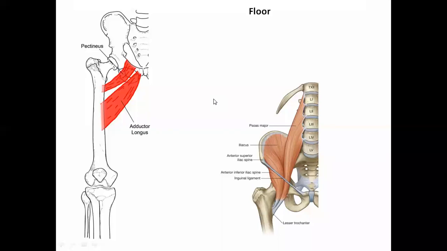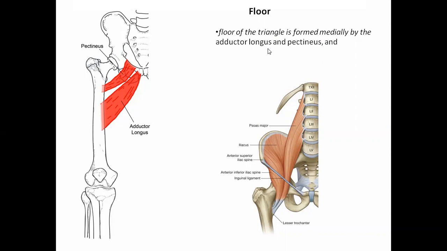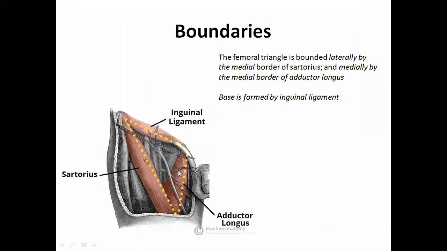The floor of the triangle, the lower aspect, what is it made of? So it is formed medially by adductor longus and pectineus. There are muscles like adductor longus that is forming the boundary as well as the floor, because we can see here this is the adductor longus, so it is forming the boundary and the floor.